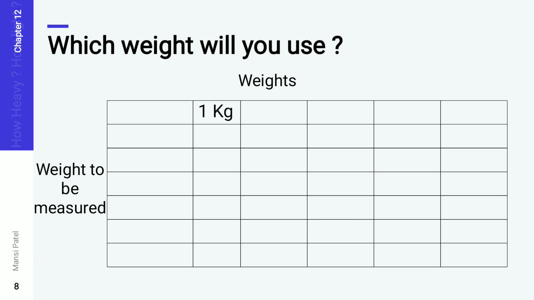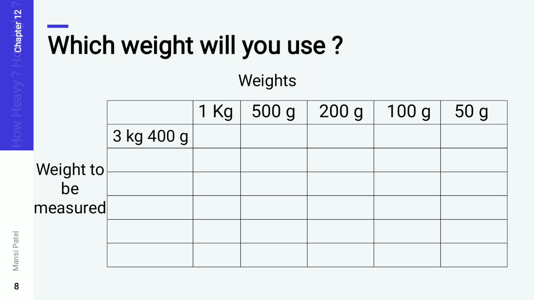For example, 1 kg, then 500 gram, 200 gram, 100 gram and 50 gram. Now using these weights, you have to make 3 kilogram and 400 gram. If you want to make 3 kilogram and 400 gram, then which weights will you use and how many? That you have to tell.